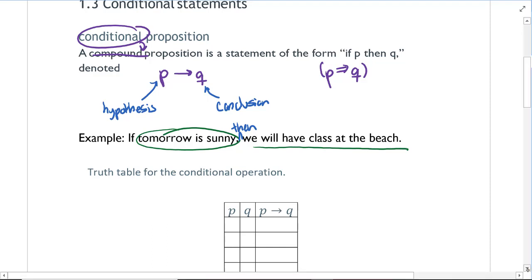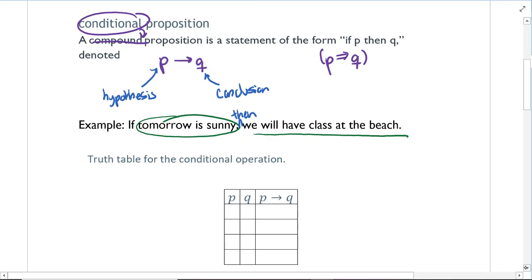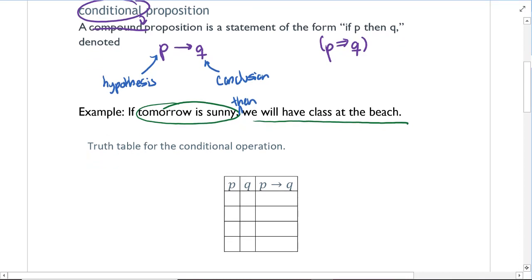So let's try to create a table for a conditional proposition based on this statement that I've claimed to you. So if tomorrow is sunny, then we will have class at the beach. So I've set up the truth table. Again, remember that anytime we have two propositional variables, those first two columns are always going to look exactly the same.